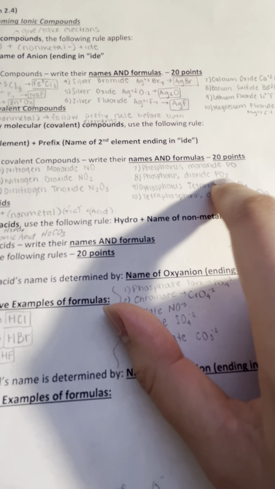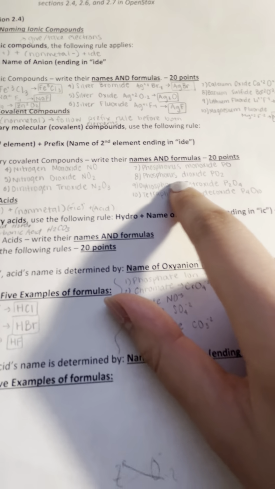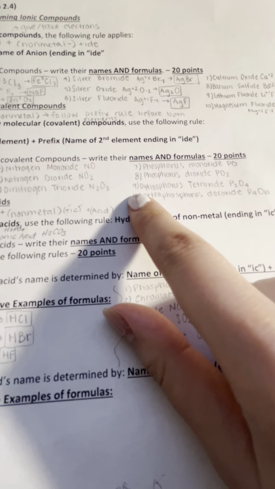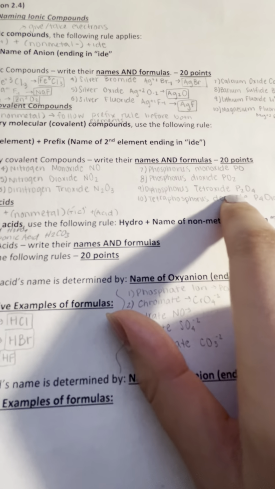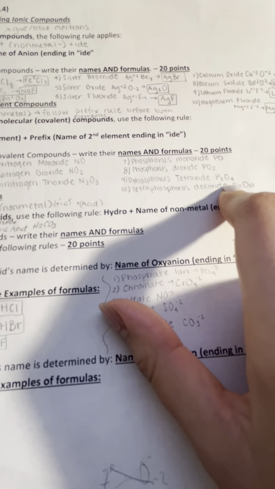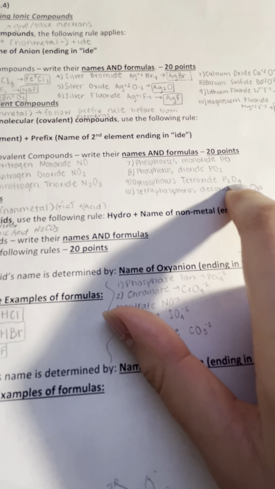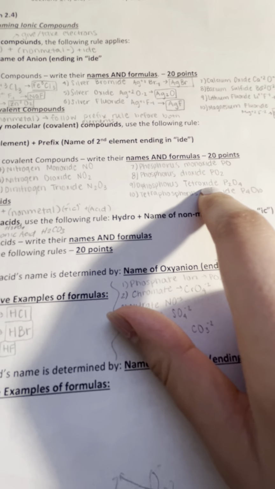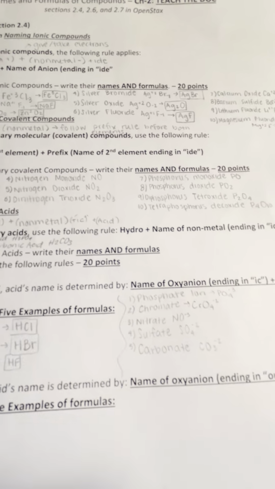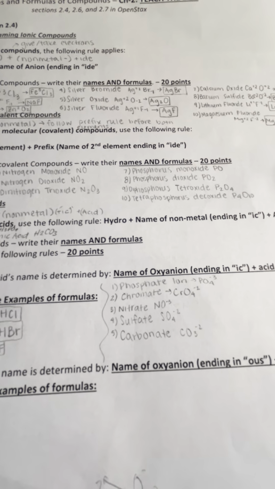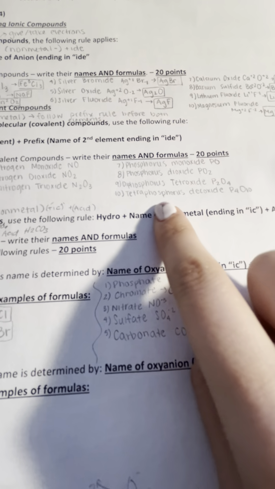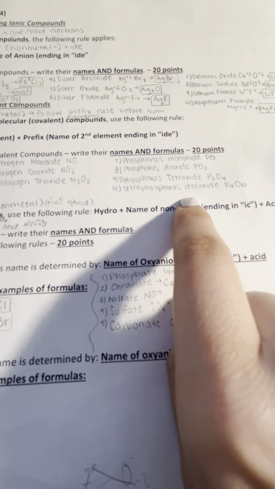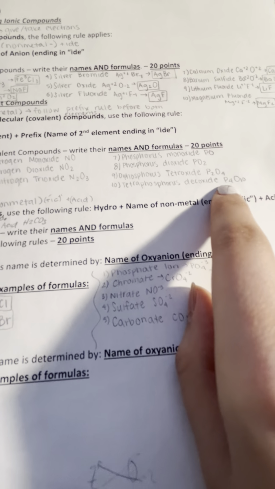Phosphorus dioxide, PO2. Diphosphorus tetroxide. So you see why I put di, because there's 2 phosphorus, and then oxide, there's a 4 right here, so that's why it's tetra. And then when there's oxide, you drop the A and you just make it an O. And then tetraphosphorus decoxide, P4O10.